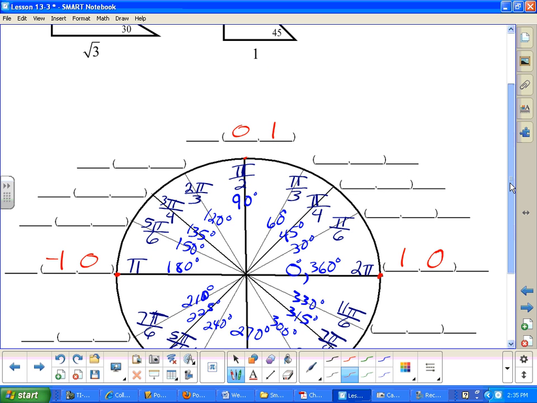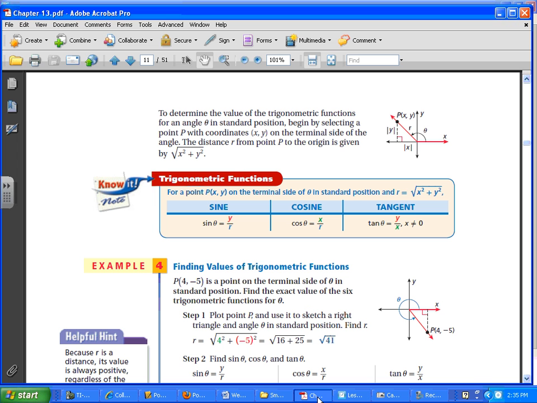Now, one of the things is that all of our points here are going to be cosine, sine, and then tangent. Cosine and sine are the coordinates of the points. Tangent is on the outside. Because if you remember what we were doing yesterday, sine is y over r, cosine was x over r, tangent, y over x.